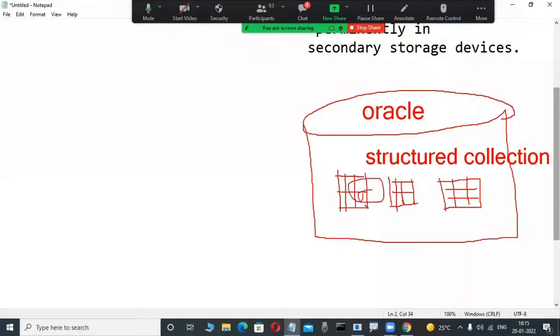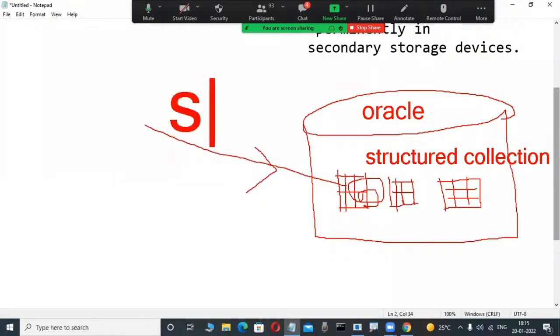Once we have structured data, to operate on this data some language is required. What is that language? Maybe anybody has an idea? SQL, structured query language. Through this language only, we operate on structured data in relational databases.